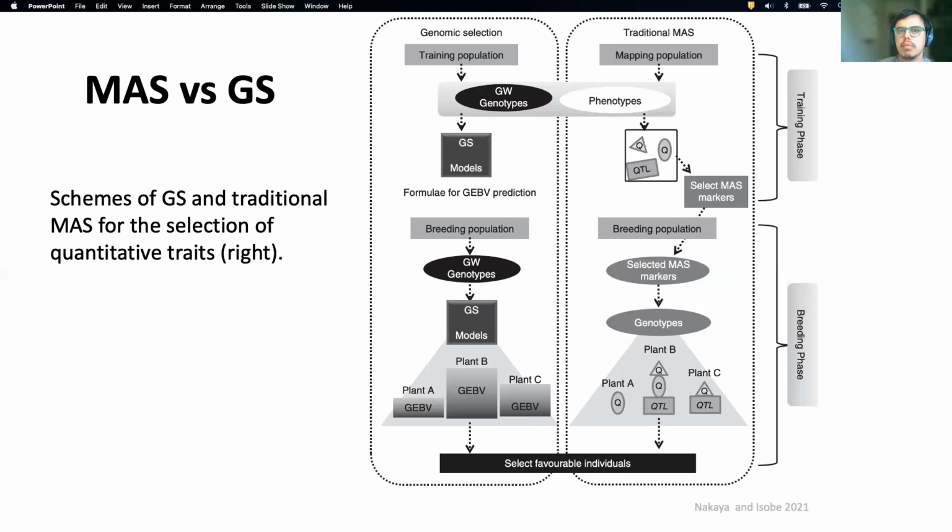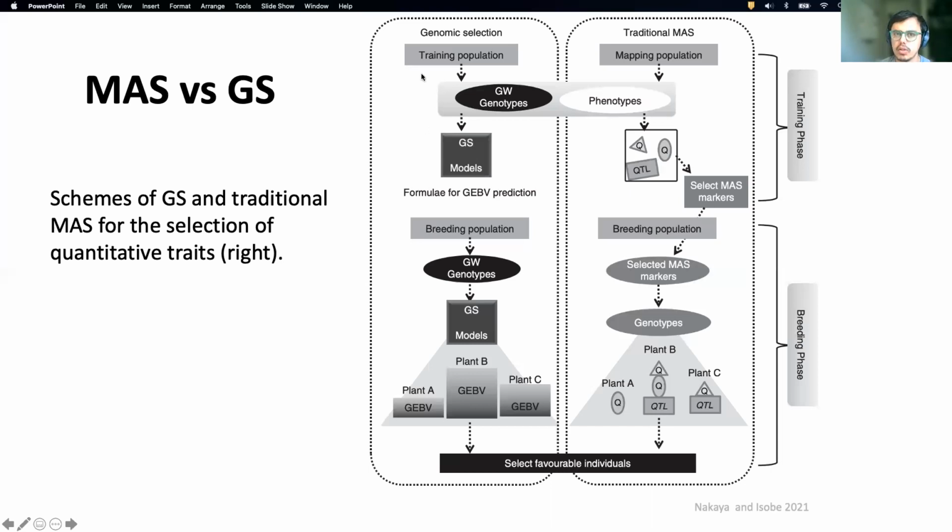So it's going to be difficult, because we have variation in the remaining 99 percent of the QTLs that explain that phenotype. So that is why it's difficult to use marker-assisted selection for that kind of traits.